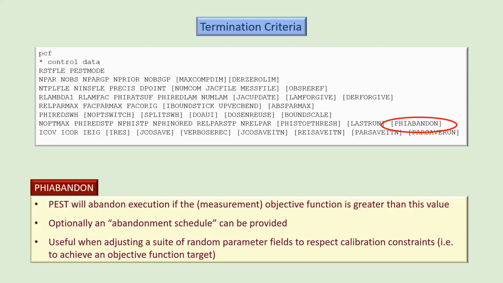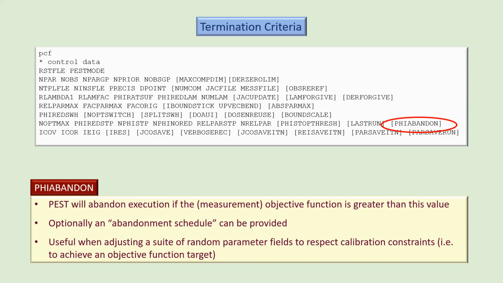Finally, the phi abandon control variable instructs PEST to cease execution if the objective function is too high, on the basis that it probably won't get very low very quickly. That can be used, again, in null space Monte Carlo circumstances where we're adjusting many random parameter fields in succession to calibrate a model.